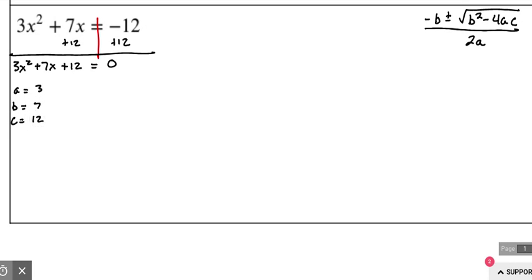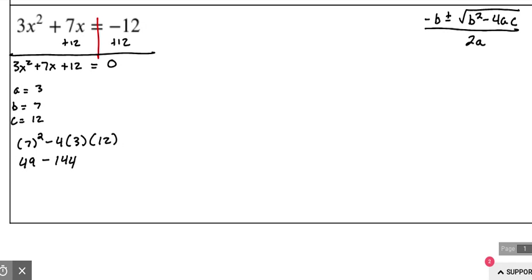Now the discriminant: 7 squared minus 4 times a times c. 7 squared is 49. I have negative 4 times 3 times 12, and I get negative 144.